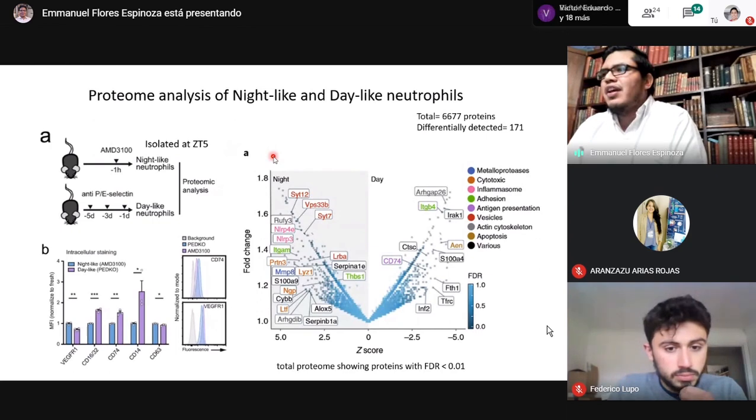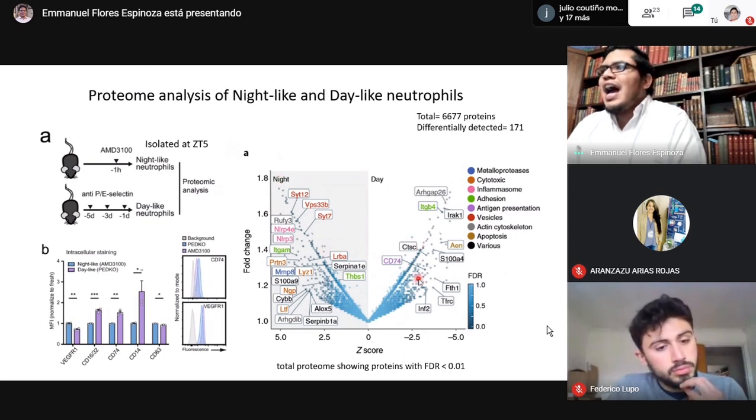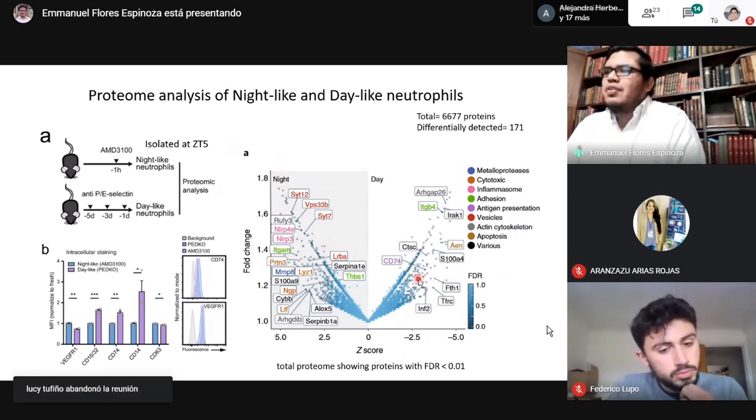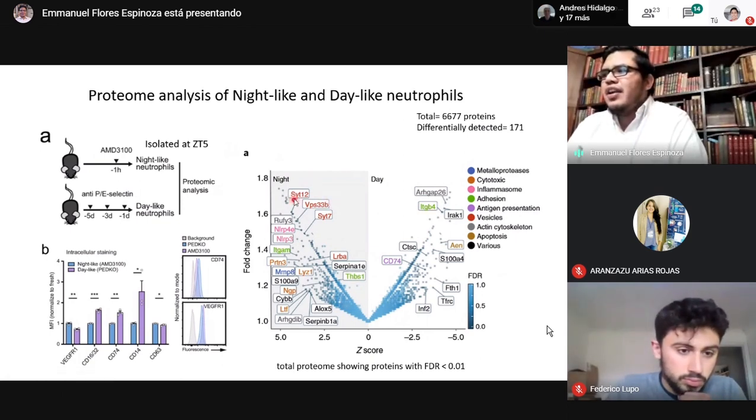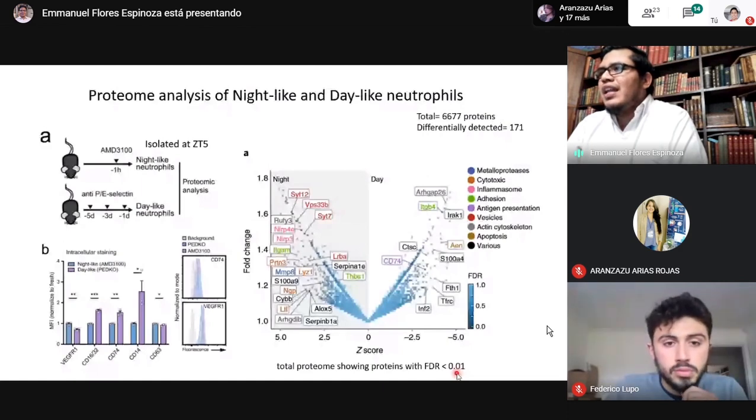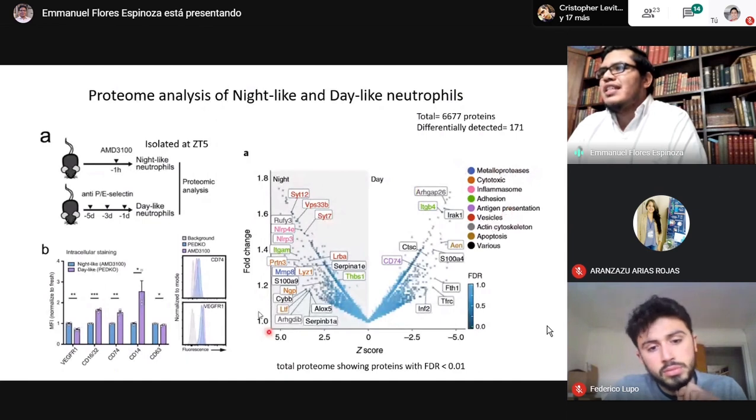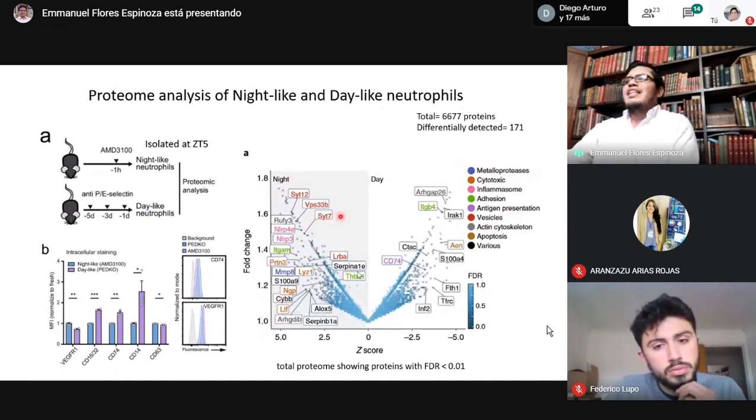the proteins that are differentially present in the different populations, night-like neutrophils and day-like neutrophils, and the tags are placed on proteins that have an FDR of less than 0.01. We can say that there is enrichment in cytotoxicity, metalloproteases, vesicles, and different sets of these types of proteins are more enriched in the night-like neutrophils versus the day-like neutrophils.